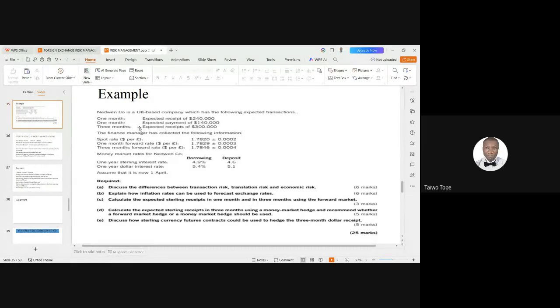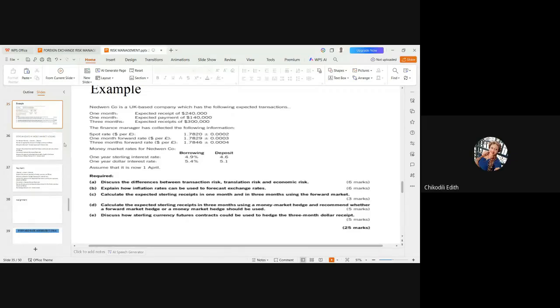No, your net receipt now. In this 1 month, you have 240 as receipt. You have payment as what? 140. So your net receipt will be 240 minus 140. You have what? 100,000. So is that 100,000 you work with? Okay. You understand? Yes, sir.